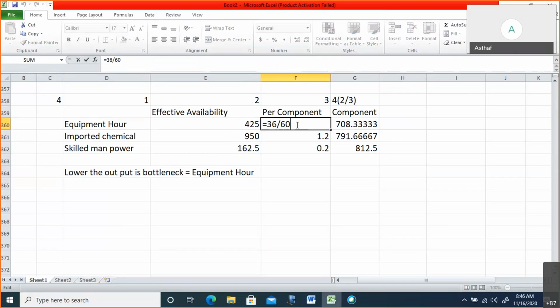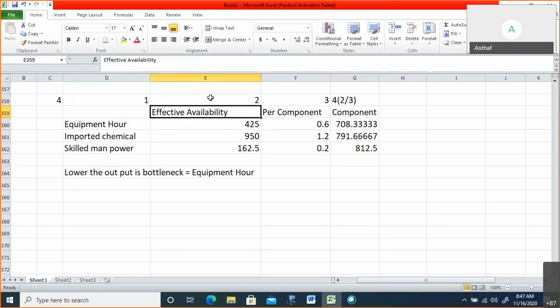So 36 by 60, we will get 0.6. This is directly given 1.2. Here also it is per minute. The reason is what? Here it is hour. This effective availability, this is 425 hours. This is also hour, but this is per minute. So we just converted into hours. So we got 425 by 0.6.